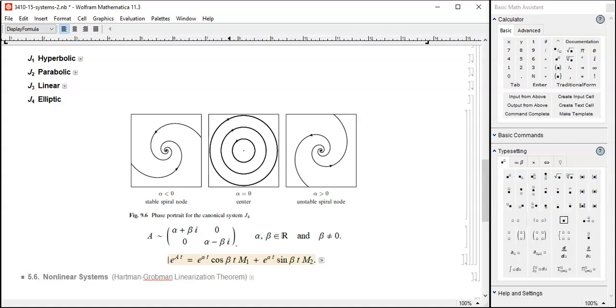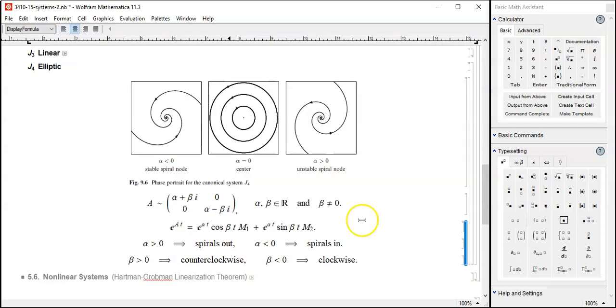And the e to alpha t part gives you the spiraling in or out, because if this alpha is positive, then the exponential is going to get bigger and bigger as t gets larger, which is this case. Spiral out versus spiraling in.